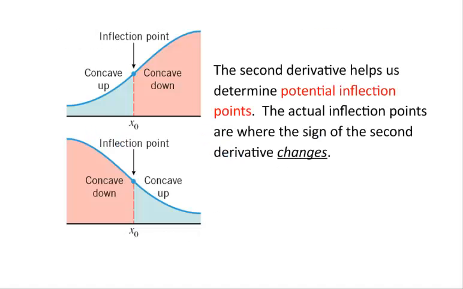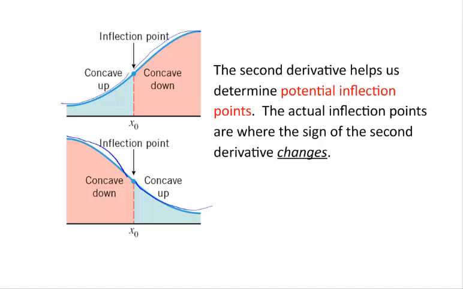So here's what an inflection point could look like graphically. Not all of them are going to look like this, but I clearly want you to see that there's just a change in concavity behavior at a true inflection point. We can go from concave up to concave down. We can go from concave down to concave up.